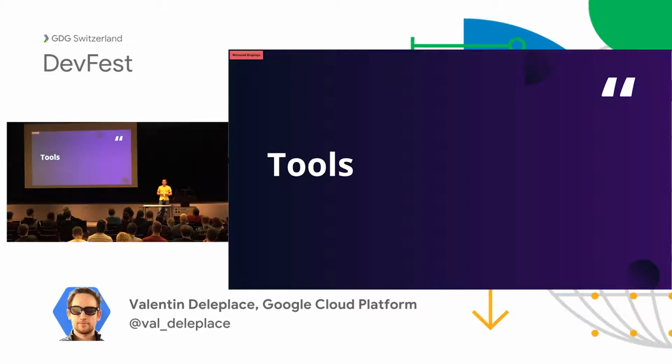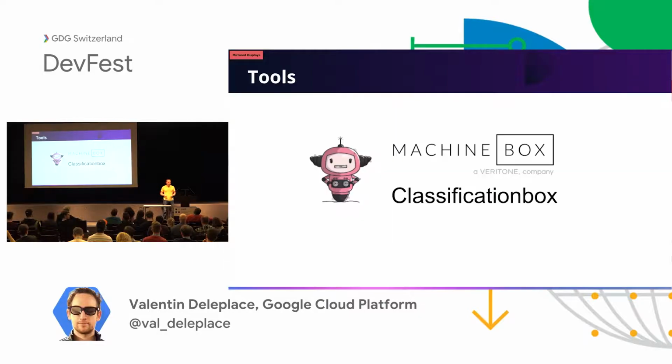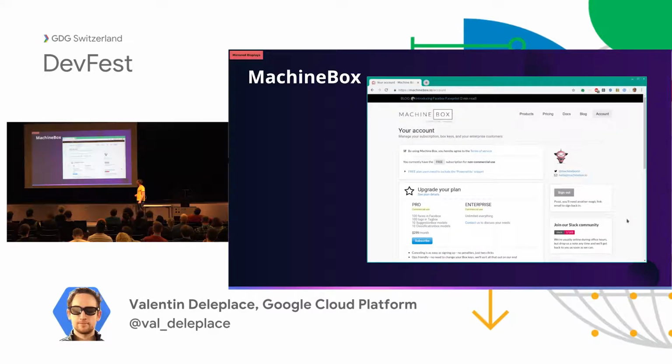Okay. So a small review of existing tools that I've tried on Wallace and Gromit. One is Machinebox. It's a British solution, perfect for Wallace and Gromit. And the tool to build a classifier is called Classificationbox inside Machinebox. So what does it look like?